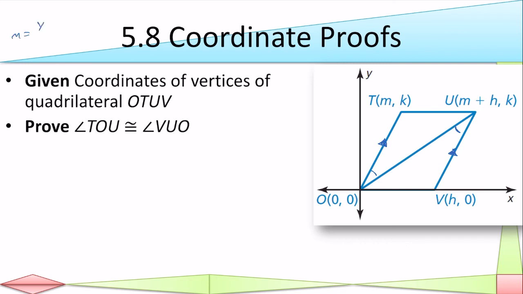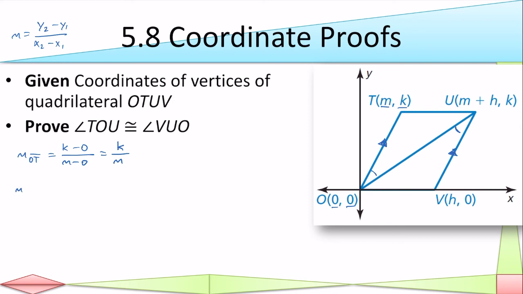Remember the slope formula. It's y2 minus y1 over x2 minus x1. So let's start with the slope of OT. y2 is k, y1 is 0. x2 is m, x1 is 0. K minus 0 is k, and m minus 0 is m. So there's our slope.